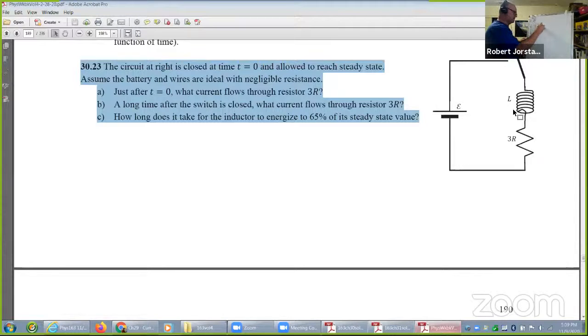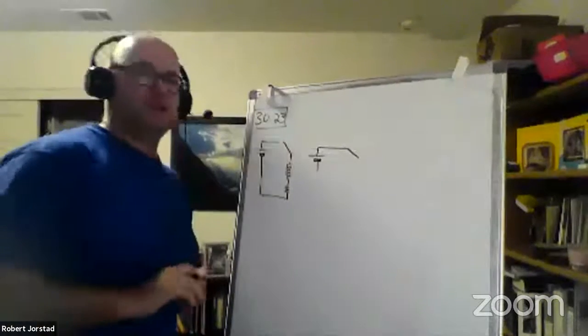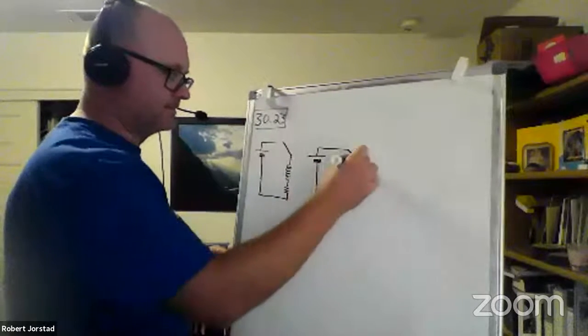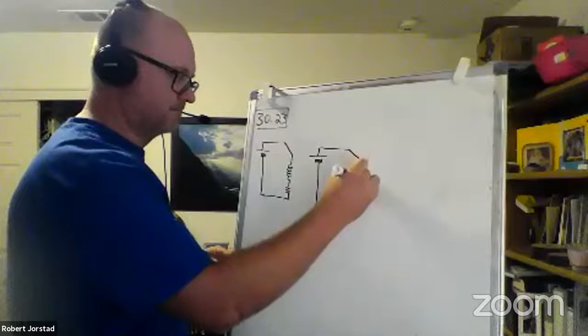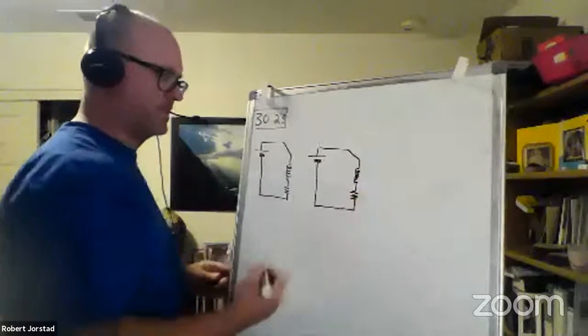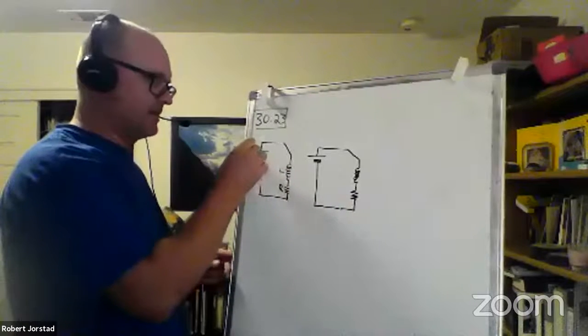So the obvious thing to do here, I guess I might as well show you what I'm doing live here. If you've had a chance to look at the problem, there's me. So the first thing that I'm going to do is draw pictures, right? All right. And so we've got an inductor, a resistor, and a battery.